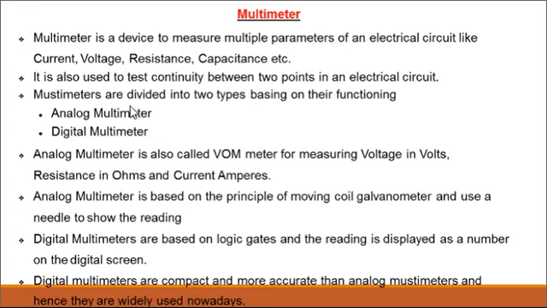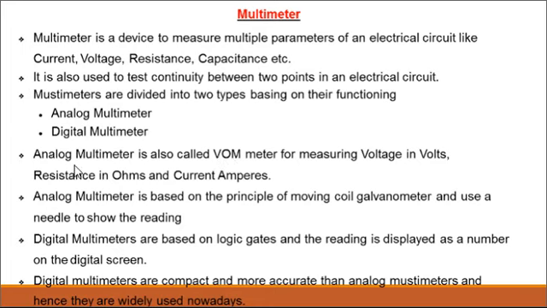Multimeters are classified into two types based on their functioning. One is analog multimeter and another one is digital multimeter. Analog multimeter is also called VOM. VOM means volt ohmic meter: V means volts, O means ohmic, M means meter.